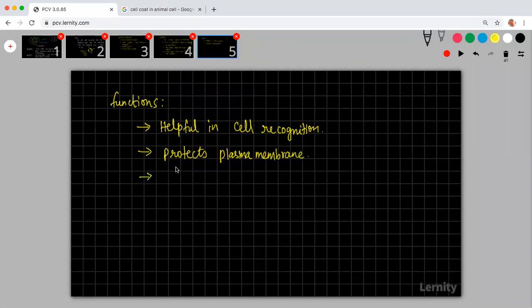It helps in blood grouping. And it plays a major role in transplantation.